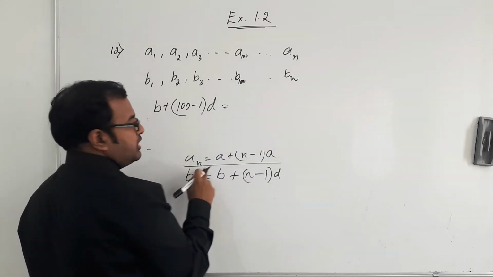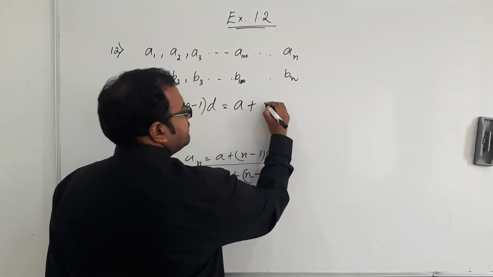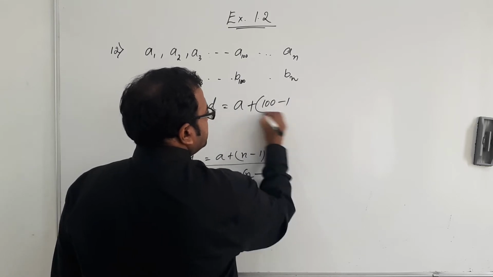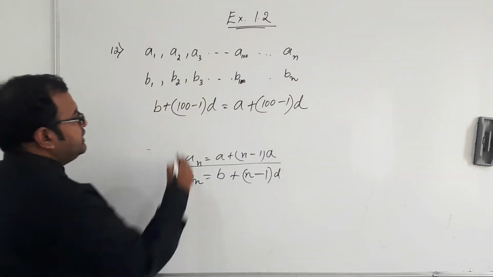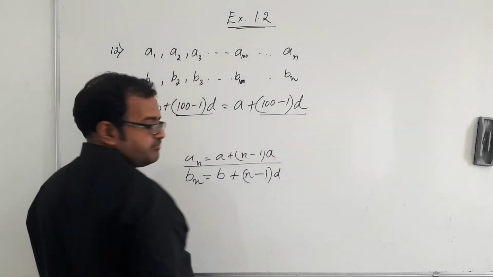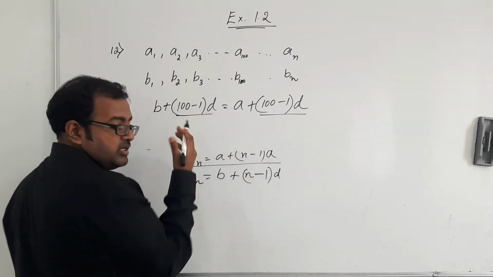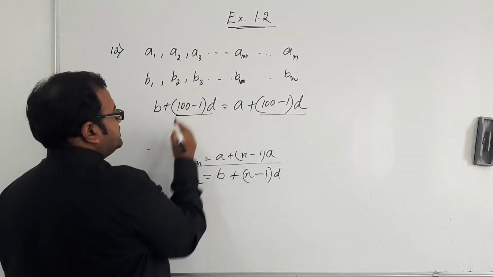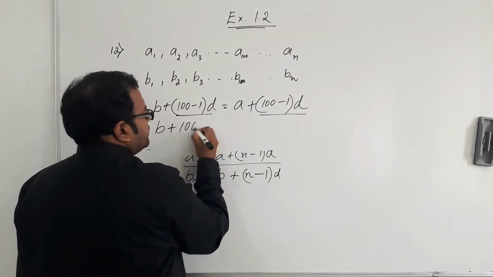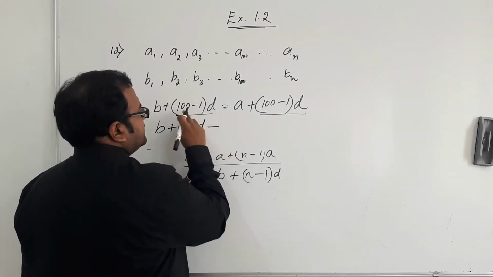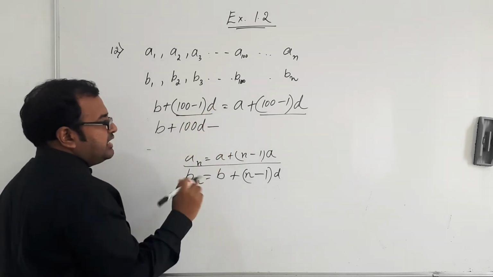In place of n you put 100, that is A plus 100 minus 1 into d. If you observe, these two terms are same. We can actually directly cancel them. Or, if you are doubtful, multiply d, one extra step but simpler: 100 into d, 100d minus d, or 100 minus 1 is 99. Directly you can write 99d, that's better.